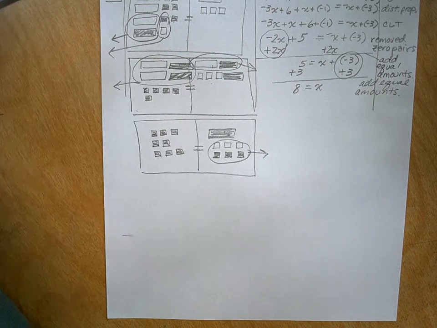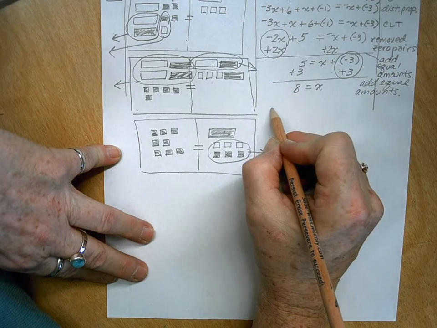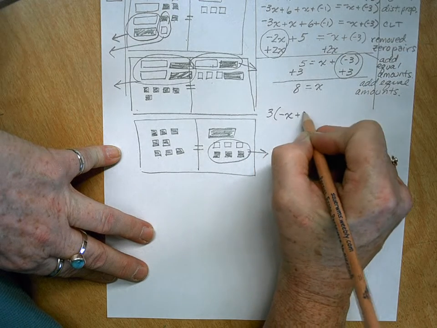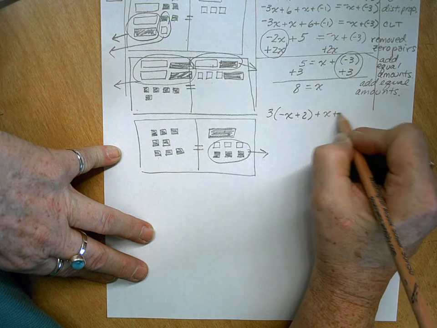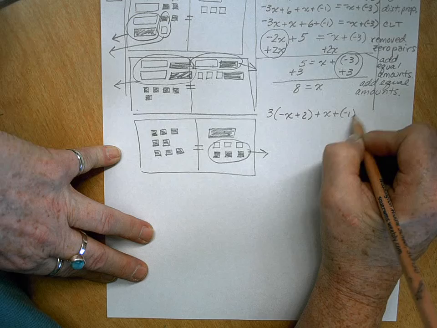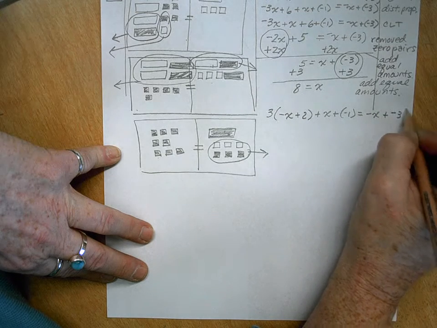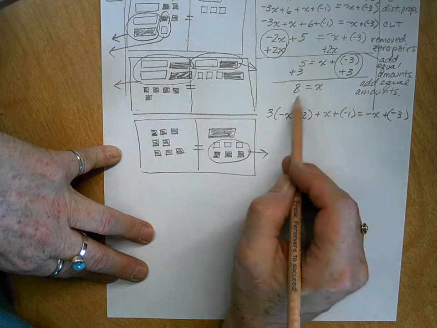To find that out, what I'm going to do is write my original equation again. And I'm going to check it with my solution. So my solution is 8. So every time I see an x, I'm going to put an 8 in.